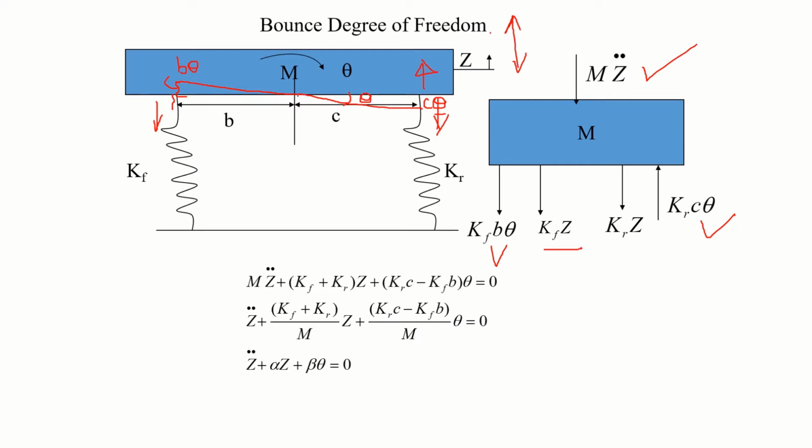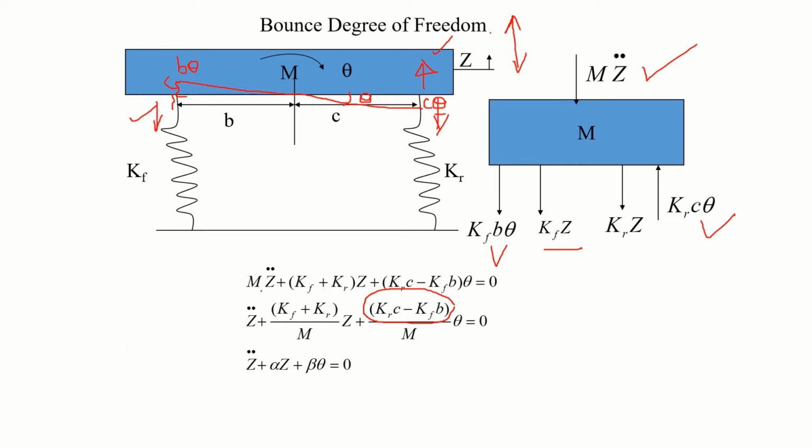Here this gets compressed, so this acts in one direction, the other one should act in the opposite direction. So maybe I can assume the other way also, no problem at all. So this is in one direction, this is the other direction, that's why you'll get minus sign here. So this is Kf plus Kr.